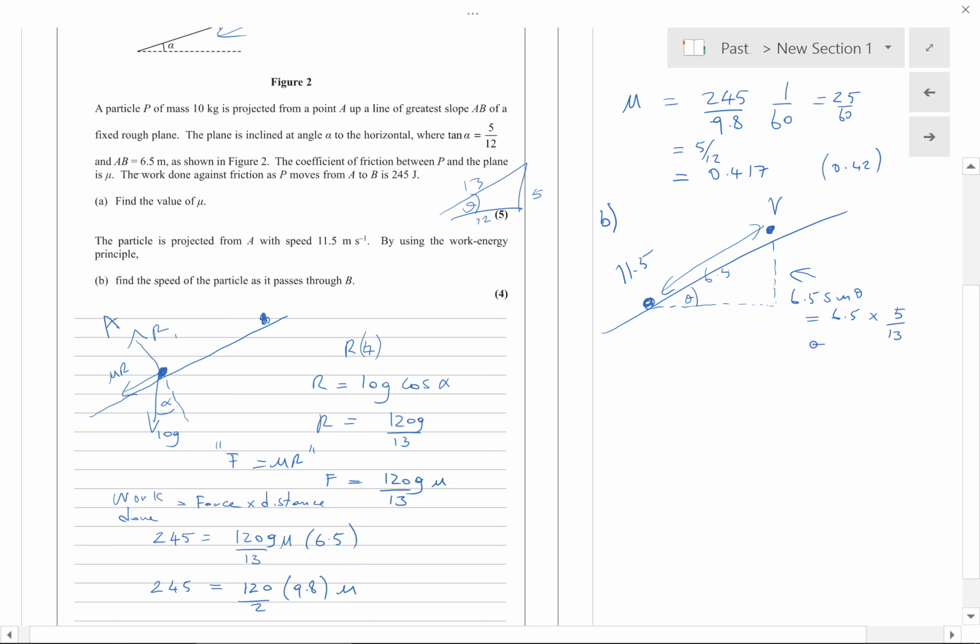So that's basically going to be equal to 5/2, so that's 2.5. So 2.5 is the vertical distance there, which we're going to use in our equation.